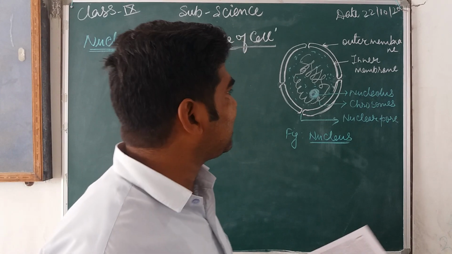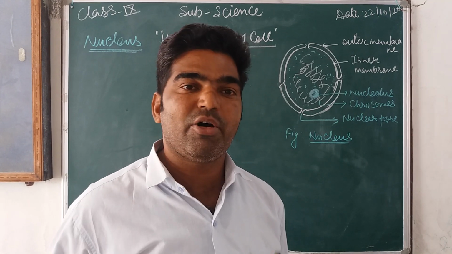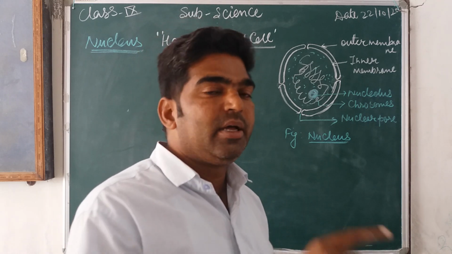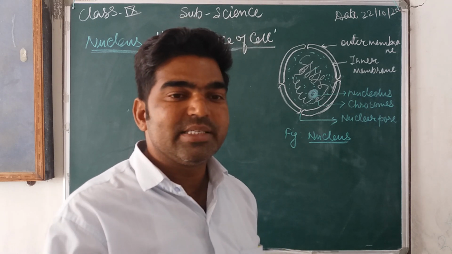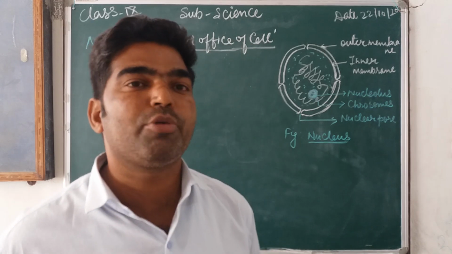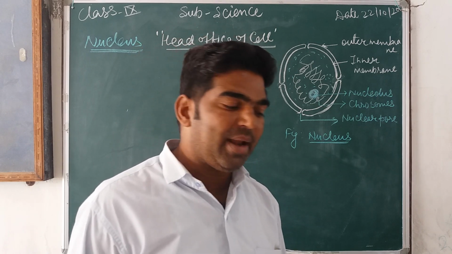So in the animal cell, the nucleus is at the center, but in the plant cell it is towards the periphery, due to the presence of prominent large vacuoles.